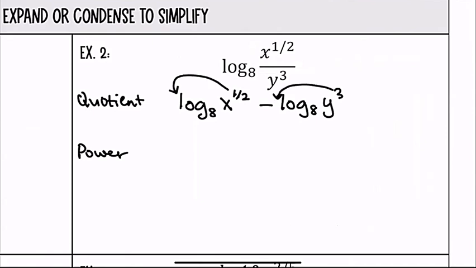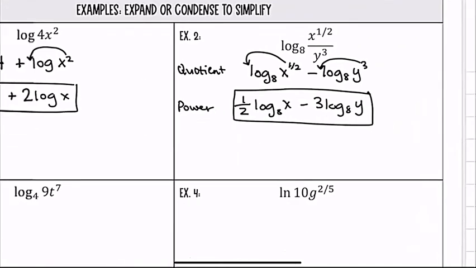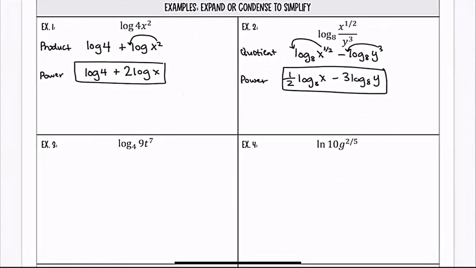So instead of saying log base 8 of x to the 1/2, we can say 1/2 times log base 8 of x minus, excuse me, 3 log base 8 of y. And there we go. Perfect. Okay. Follow the same steps and try number 3 and number 4, and then come back when you're ready to check it.